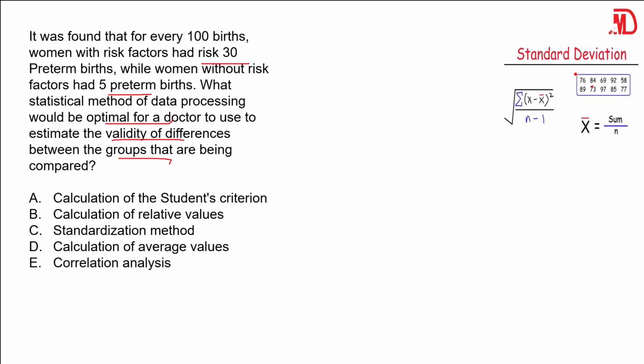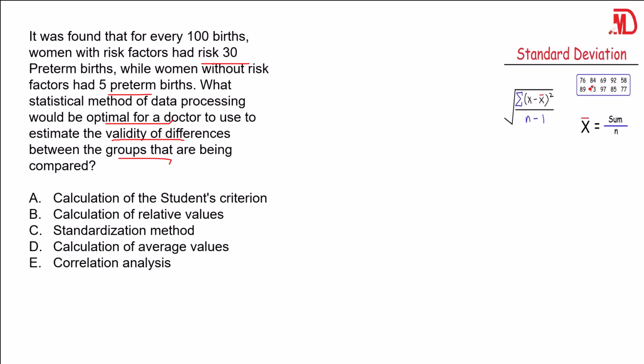Here we have 10 students in the class. Some are getting 76, 84, 69, 92, 58, and so on. So you add all these values and divide by 10. That is called the mean.